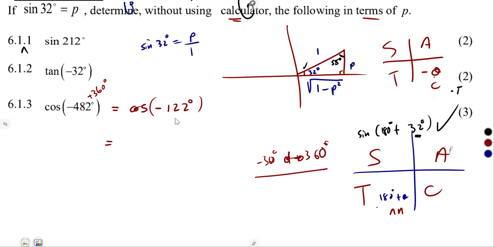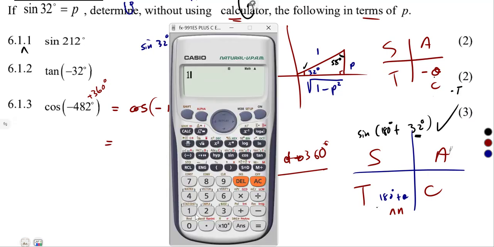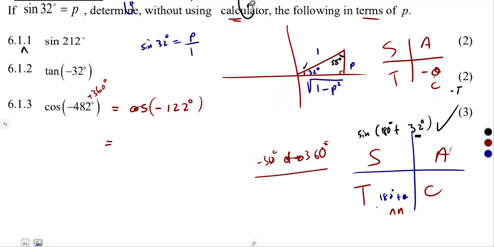In our case, to get 122, let's see the reduction. 180 minus what? 180 minus 122. So this is 58. So reduction can work, but let's make cos be a positive. Remember, cos of a negative is cos of a positive. It just changes to a positive. This one is not affected. All right. So this is what we're going to have.